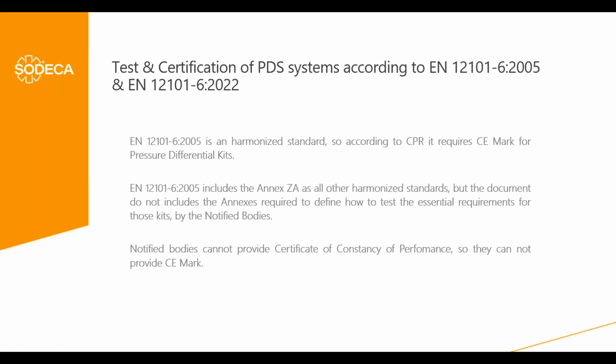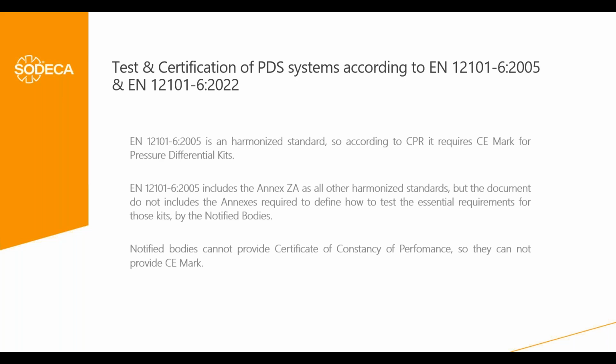But the problem is that this standard, published as a harmonized standard in the Official Journal of the European Union, includes Annex ZA, which explains how to make the CE mark, and it is the annex that in fact makes the standard harmonized. But the document does not have the other annexes required to define how to test these essential requirements for those kits by the national notified bodies.